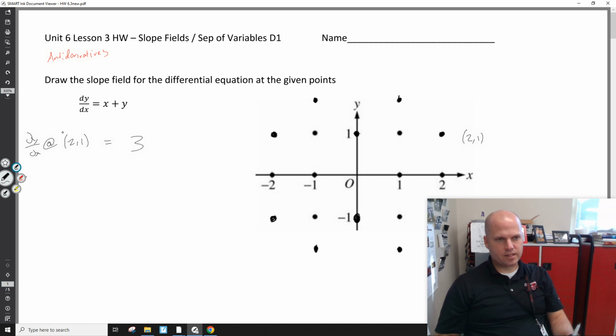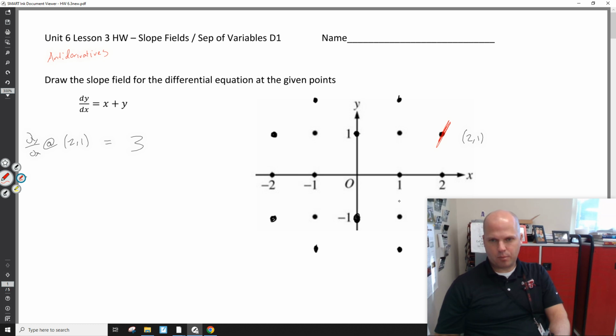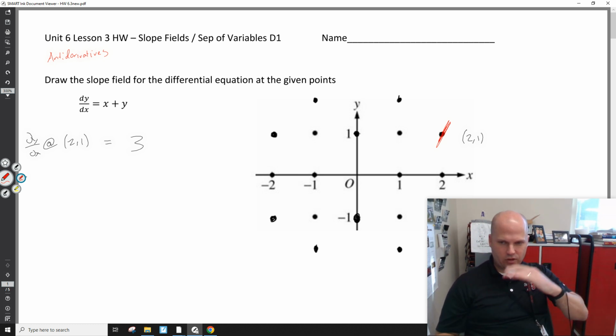A dy dx at this point is 3. Now you just got to understand what a slope of 3 looks like. It's down 3 over 1. So I'm aiming at that point there so that I have the correct pitch of things. And then we keep going.